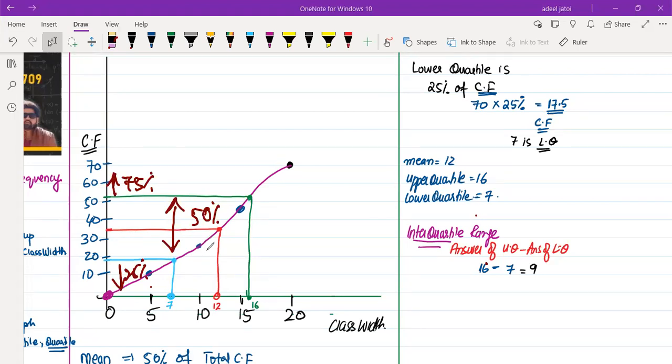But if I talk about the mean, your mean will be 12, because it is the 50% of cumulative frequency. So there is a difference between the concept of the interquartile range and the mean. Mean is 50% of the cumulative frequency, whereas the interquartile range is the middle 50% of the data. Most of the average people will lie in the data represented by the interquartile range.